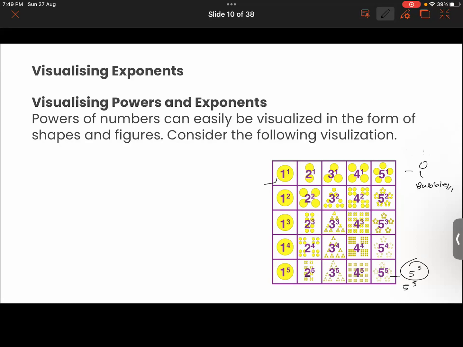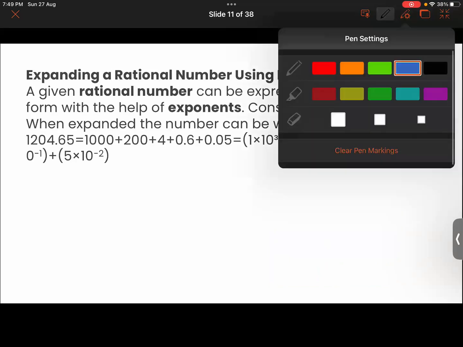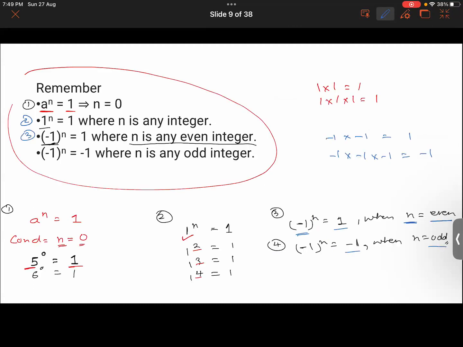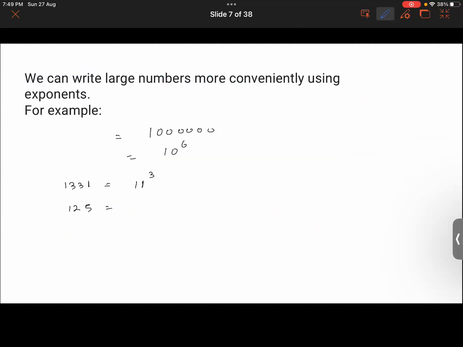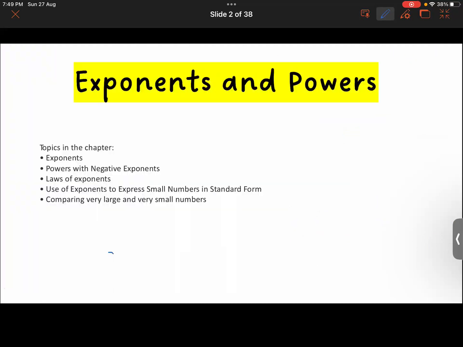Now let's talk about how you expand a rational number using powers. As I told you earlier, in this chapter on exponents we will be studying rational numbers especially, that is, numbers in the form a upon b where b is not equal to 0.